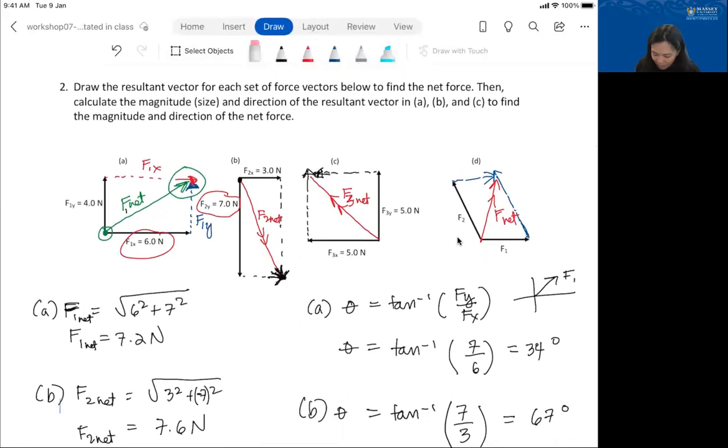Oh, right. Yeah, you're right, Oksana. It's confusing. That's 4. This is actually the F1Y.